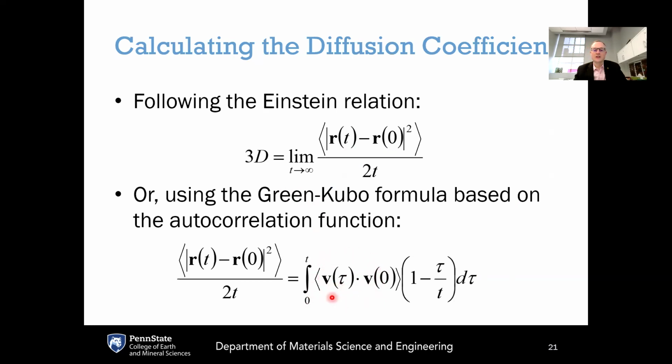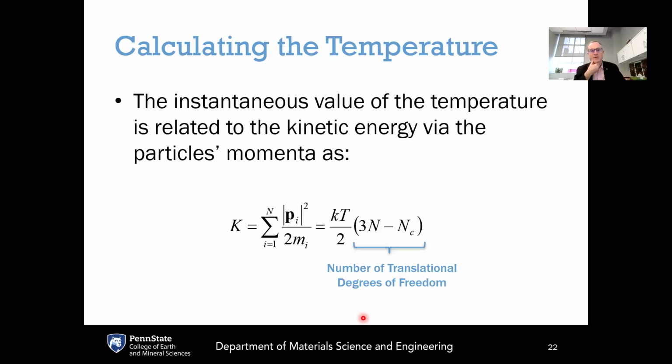How that velocity correlation function evolves is related to the mean squared displacement of atoms. So this is an alternative way to get at the diffusion coefficient. And we will study more about the Green-Kubo formulation in a later chapter in the book that deals with fluctuations in condensed matter.